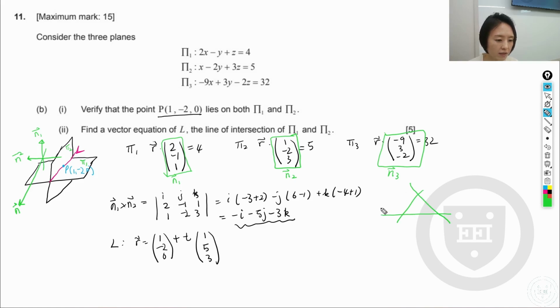If this is pi1, that's pi2, and that's pi3, then L was here. In part C, they asked the distance between the line and the third plane, which must be the shortest distance.